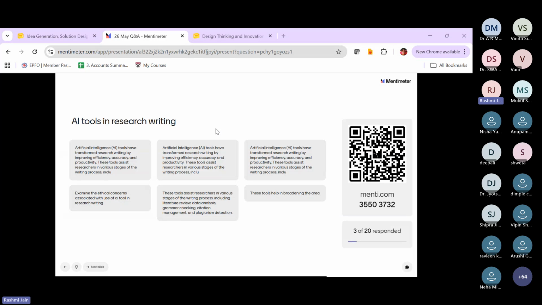So you can write that how can literature review systems help researchers in writing their papers on grammar checking. So just try to frame it in that manner that, let's say, how can AI assisted grammar checking tools improve the research quality.